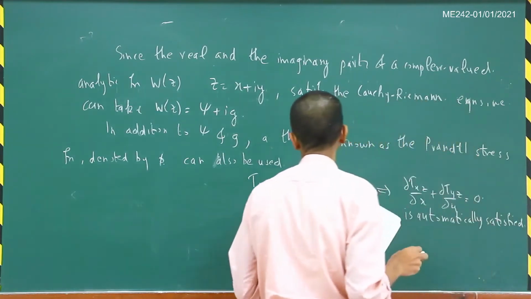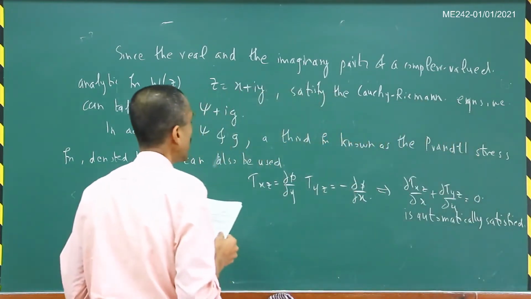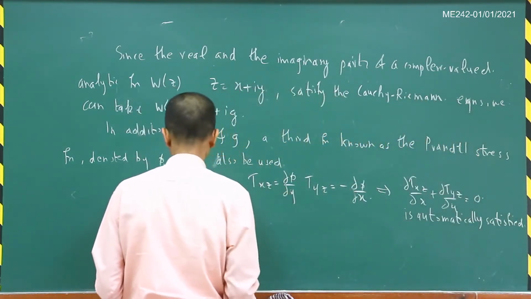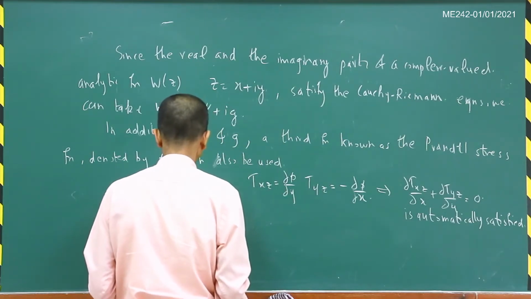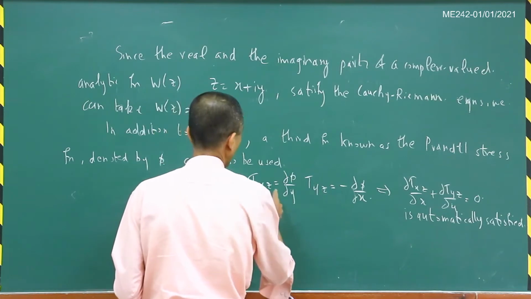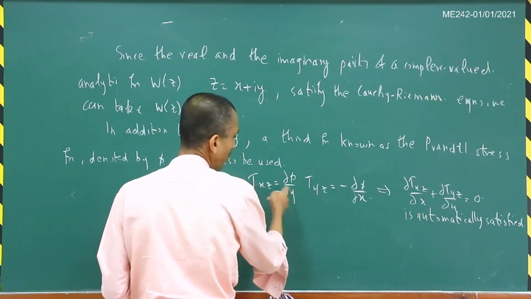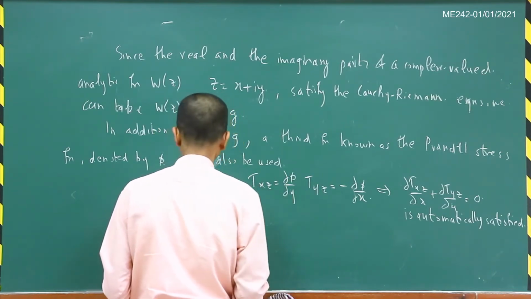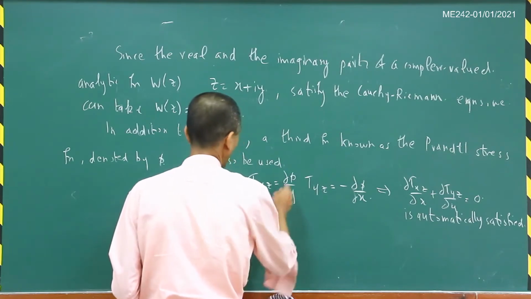Okay, but now what you can do is equate these expressions for tau xz in terms of the warping function and in terms of this primary stress function.